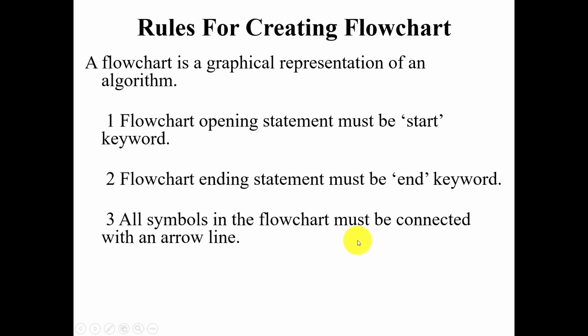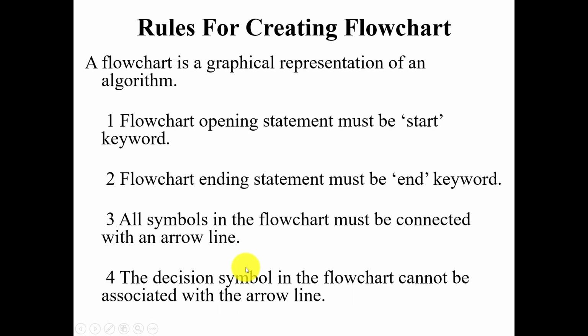All symbols in a flowchart must be connected with arrow lines. The fourth rule: the decision symbol in a flowchart cannot be associated with a single arrow line, because here we are taking a decision, that is true or false. So after taking the decision, it follows the line. The decision symbol in a flowchart cannot be associated with a single arrow line. So these are all the basic rules for creating a flowchart.